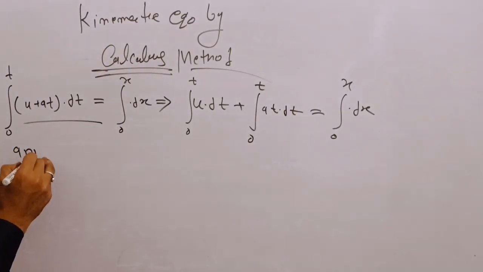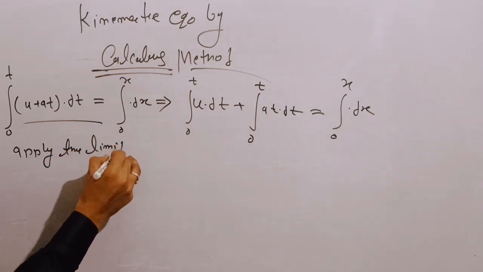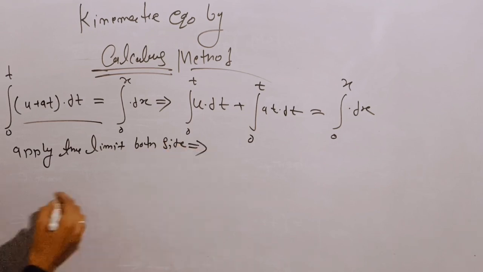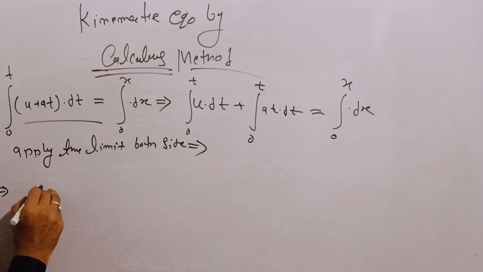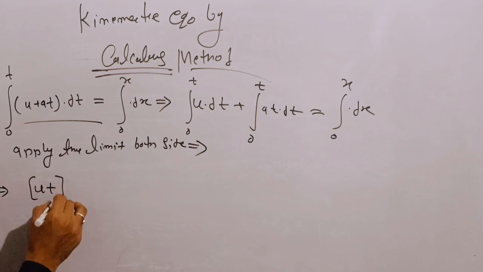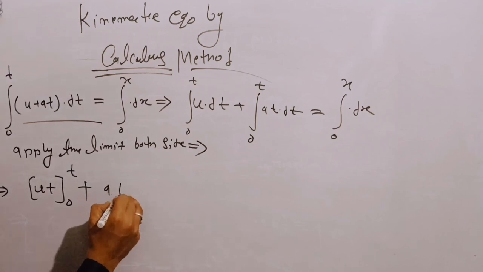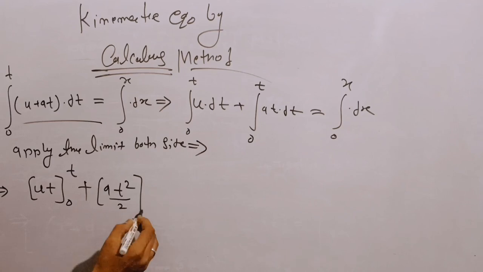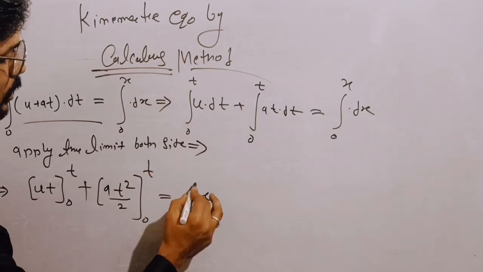So apply the limit for the value of the integrations on both sides. ut with limit 0 to t, and at square upon 2, limit is 0 to t, is equal to x.